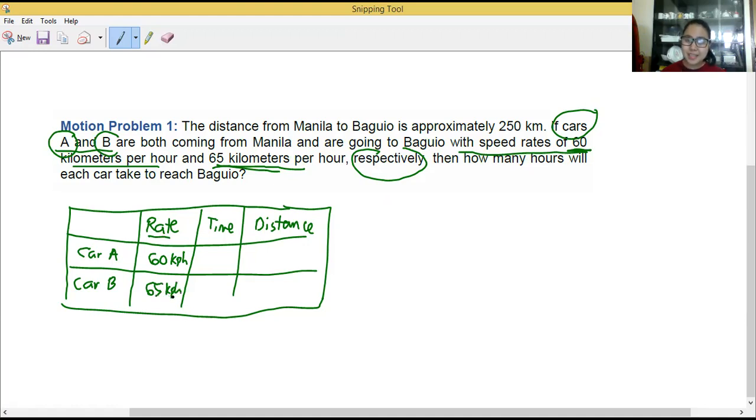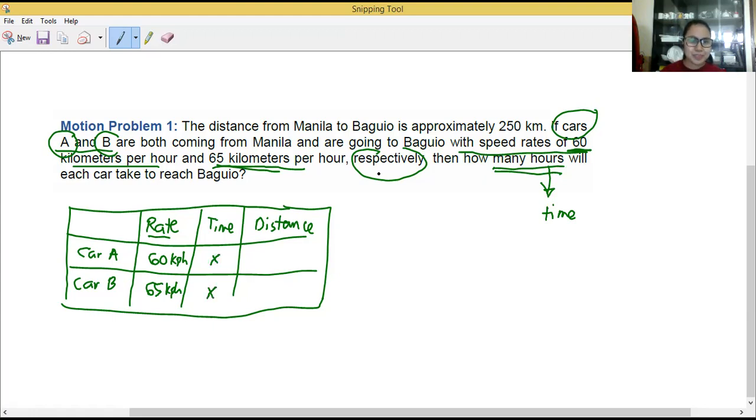Now what is missing? Let's read the problem again. Then, how many hours? Hours is for time. So we say that time is missing. So we say let x be the time. We write x and x.